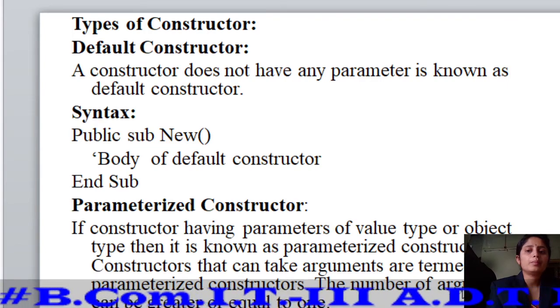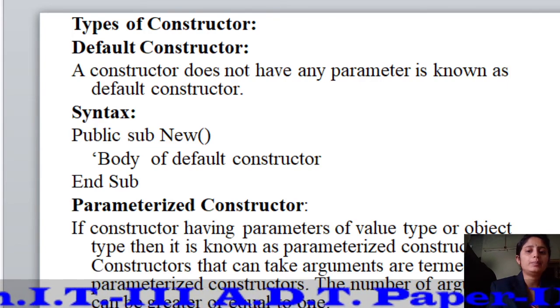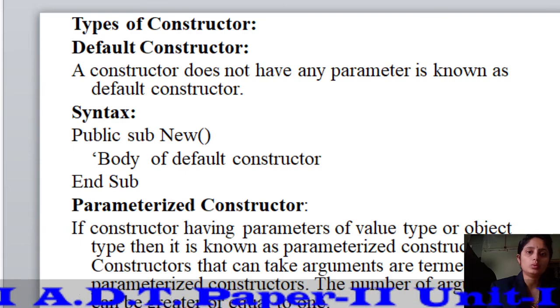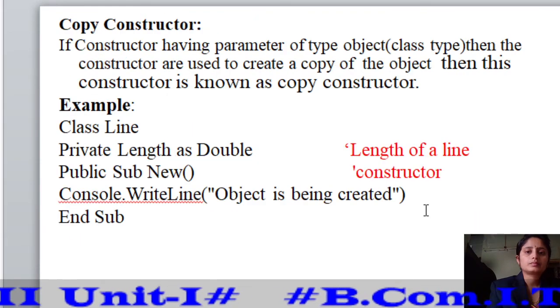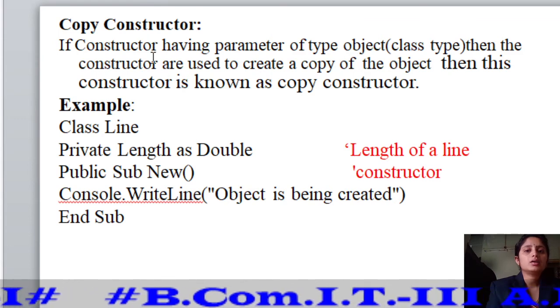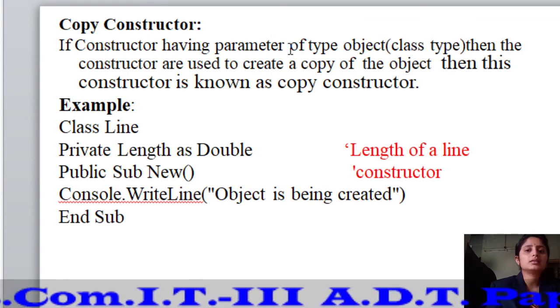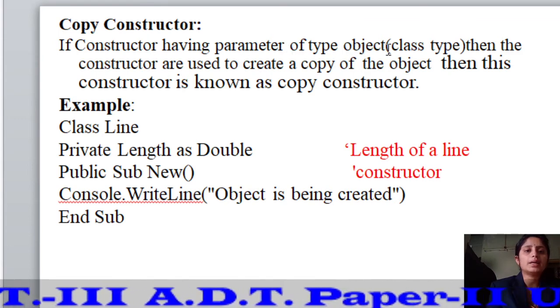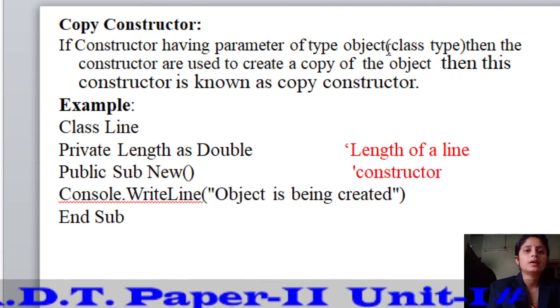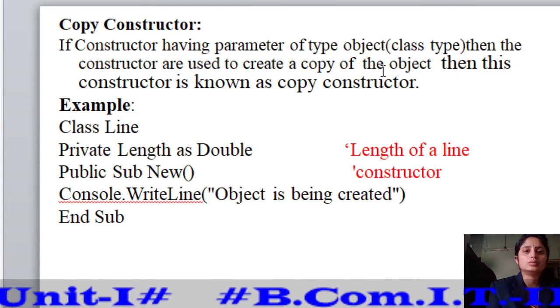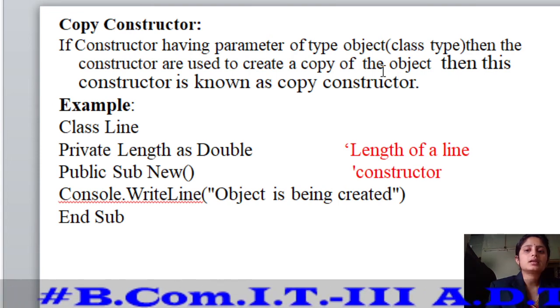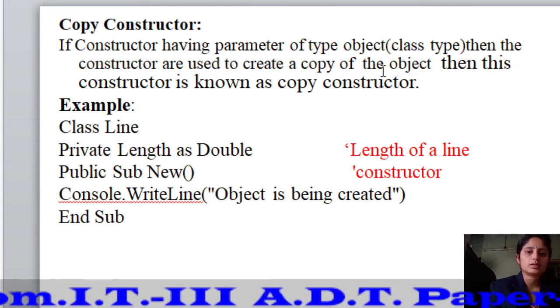The number of arguments can be greater than or equal to 1. The third one is the copy constructor. If the constructor has a parameter of type object or the class type, and is used to create a copy of the object, then this constructor is known as a copy constructor.